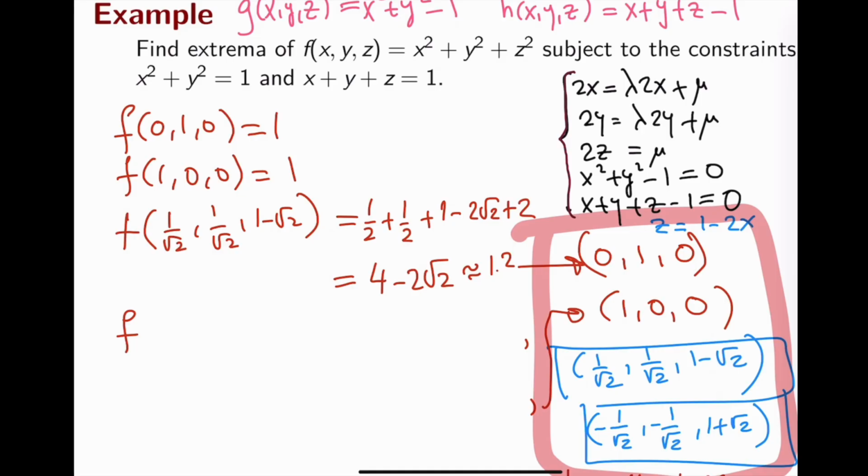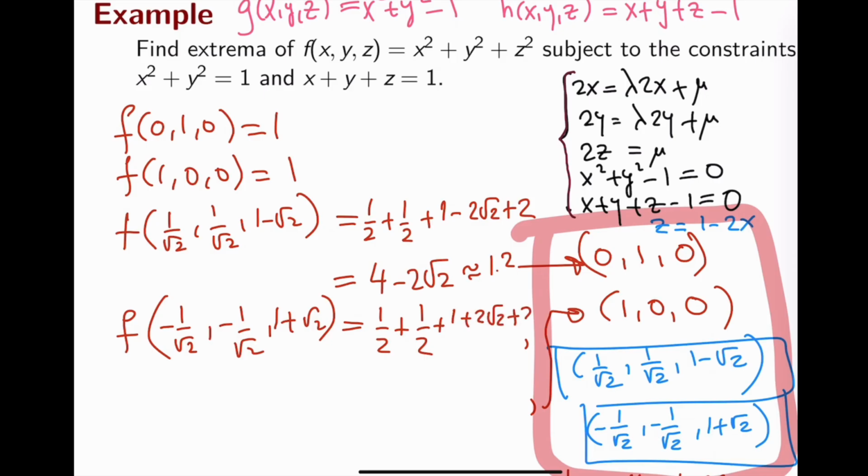And then we do the same thing, evaluating at the last of the points here, that is minus this, and then minus this, and then 1 plus square root of 2. We do the same thing. We are going to get here again 1/2 positive plus 1/2 positive, and then we have here plus 1 plus 2 square root of 2 plus 2.